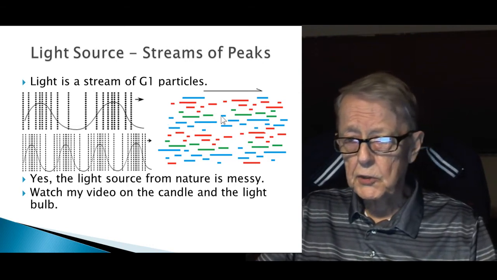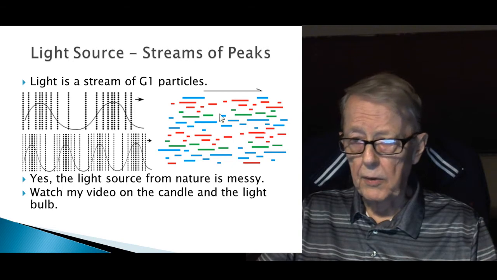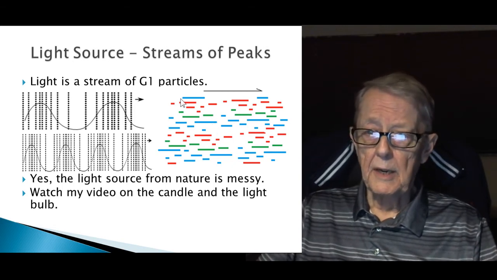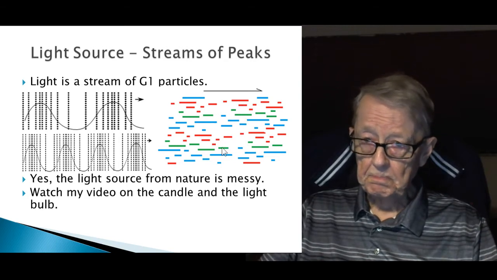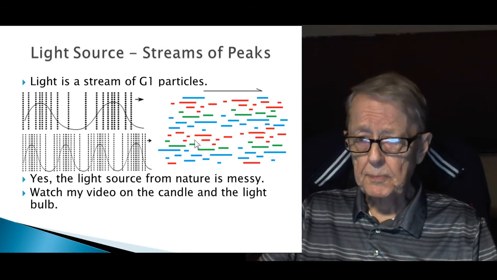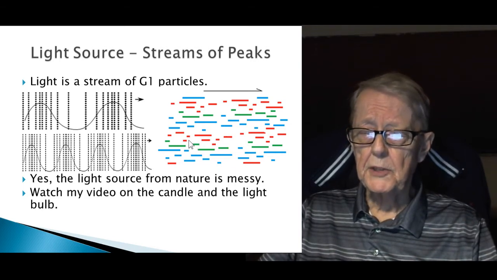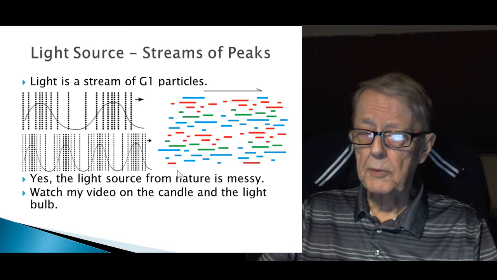If these are just streams of the peaks, if I consider these peaks going through here in some random pattern, some of them may be spaced like blue, some red, some green, and in different quantities. You may have a stream of 5, 3, or 2. It's very messy, and if you watch my video on the candle and the light bulb, you'll see why I come to this opinion.